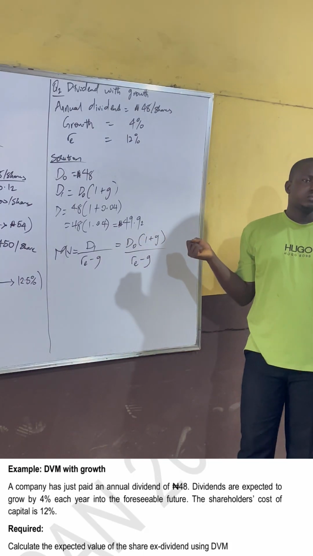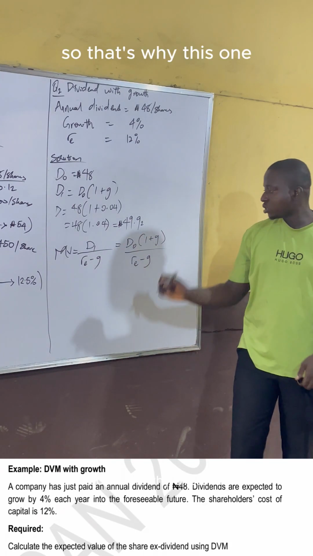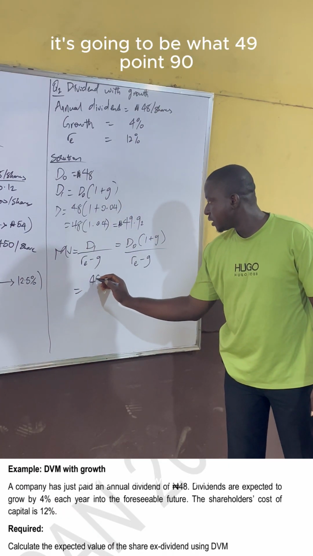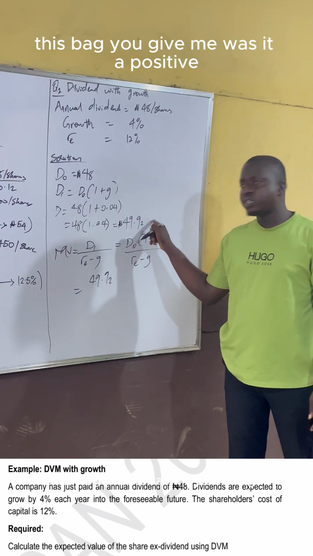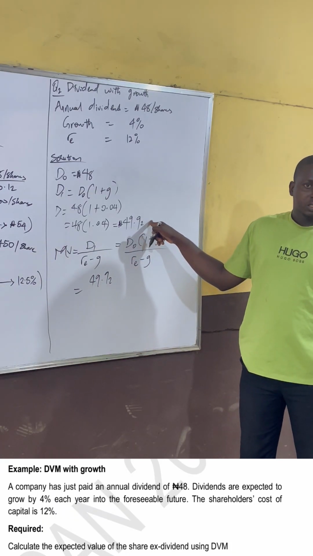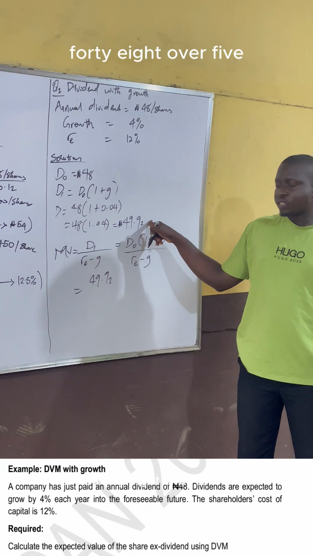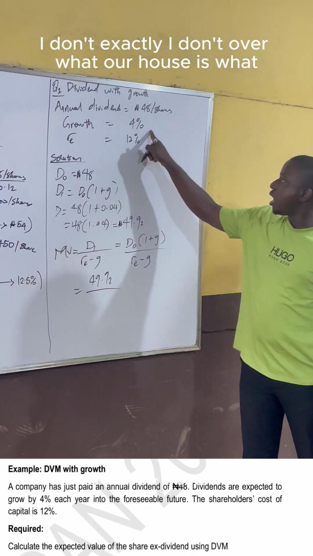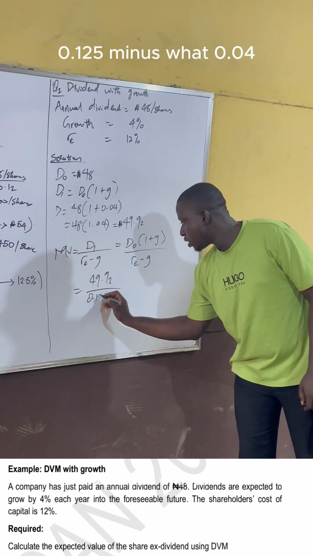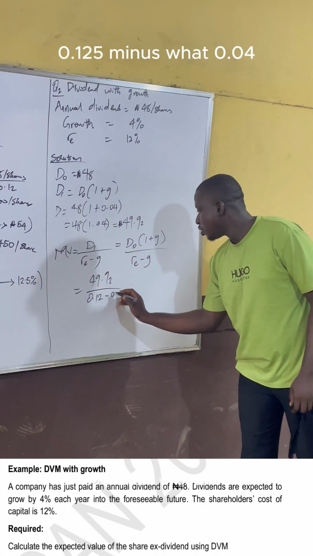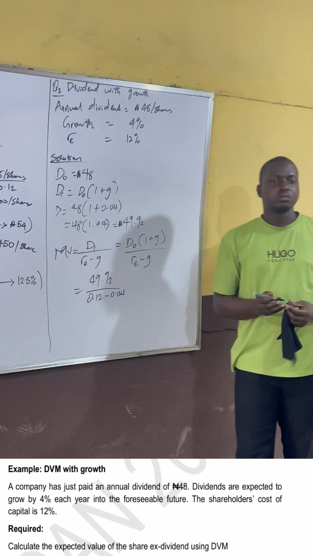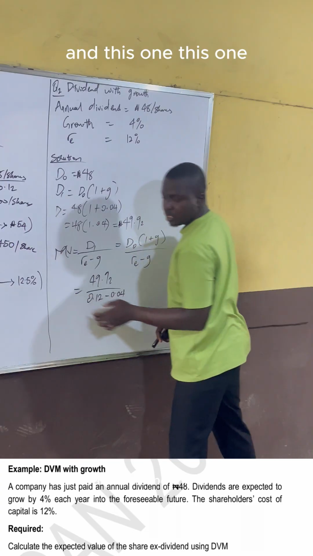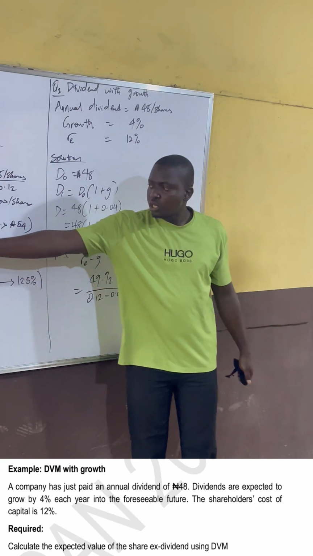So if I want to solve it now using all the data I have, it's going to be 49.92. This value given, was it approximated? 48 open bracket 1.04, no, exactly, over our R, which is 0.112 minus 0.04. So there's a little difference between this one and this one. You must not leave it as D naught.